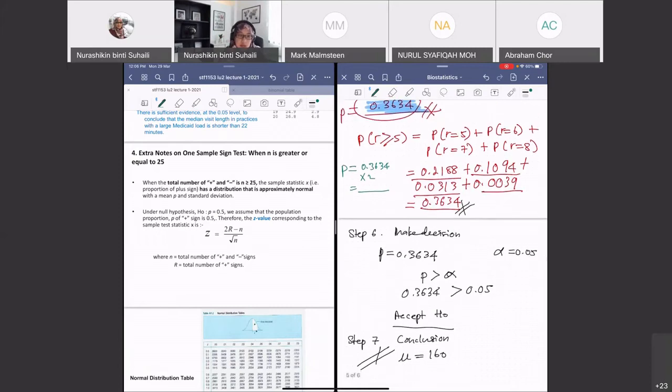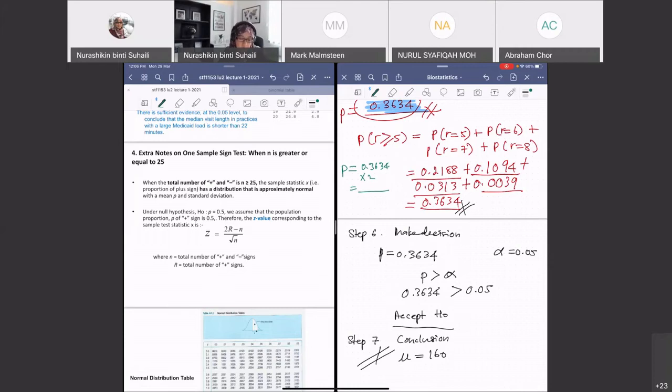Just now we used the binomial table, because the rule is when n is less than 25, we use the binomial table, and when it is more than 25, we use the normal distribution. But this will not be emphasized much in non-parametric tests, because we are going to cover that more in parametric tests.